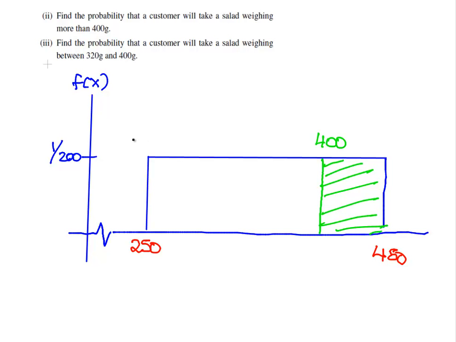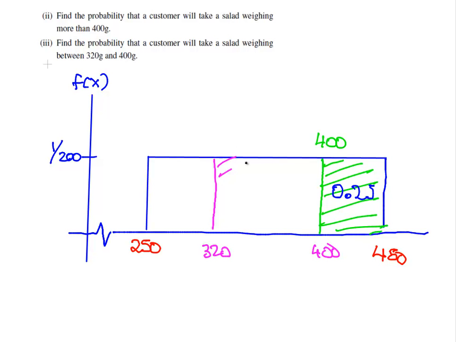The next question is, find the probability that the customer will take a salad weighing between 320 grams and 400 grams. On the graph that will look something like this. So this is 320, let's say, and this is 400.